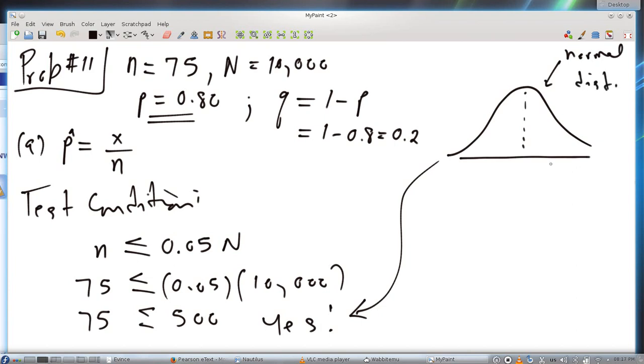Okay, and when we have a normal distribution, we can convert it to the standard normal. That's the whole idea of finding out whether the distribution is normal based on the data that is given to us. Okay, so this condition is satisfied, and therefore the data possesses the binomial property, which it has the normal distribution, and therefore we can now describe the properties of the distribution of the p-hat.